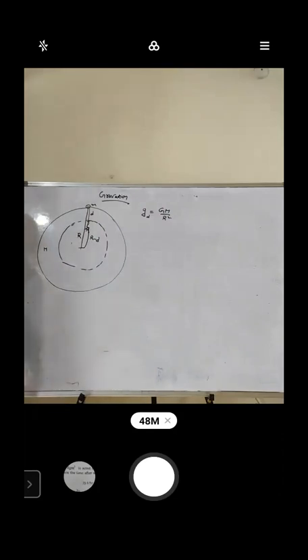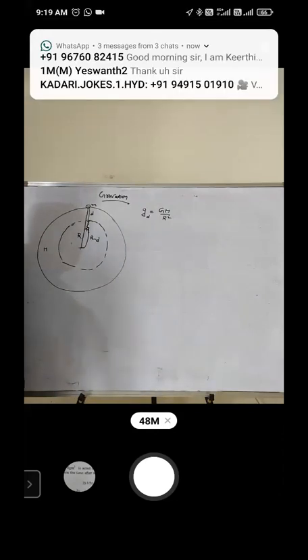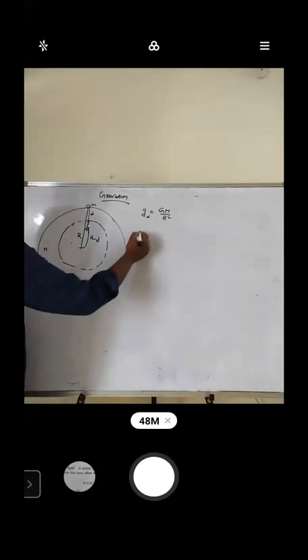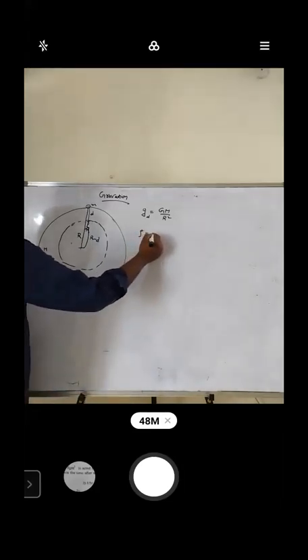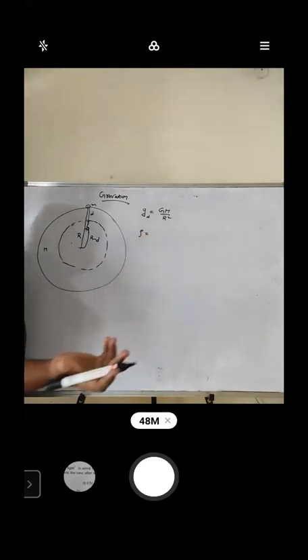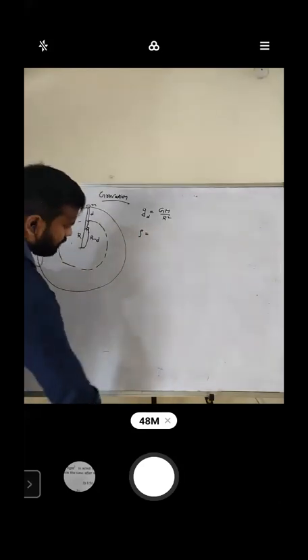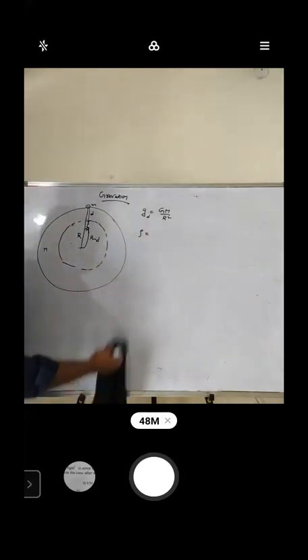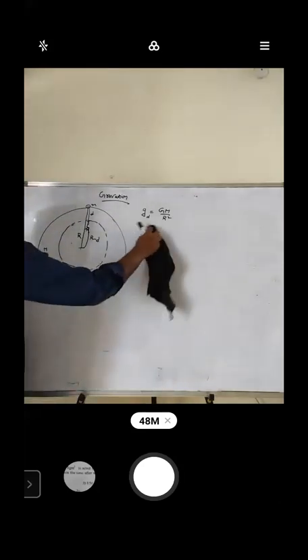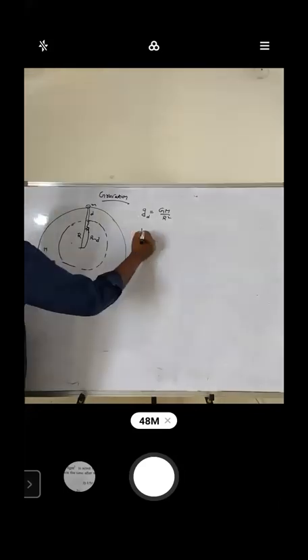Now I'm writing the density relation. What is the formula for density? Density rho equals mass by volume.